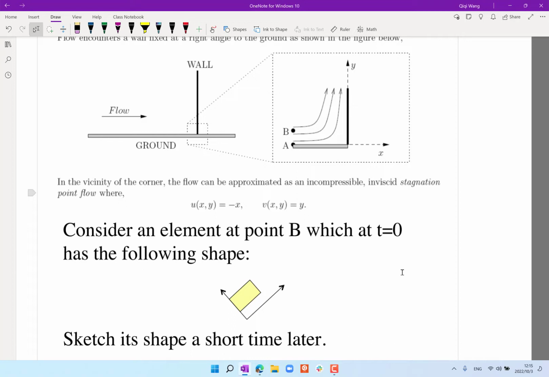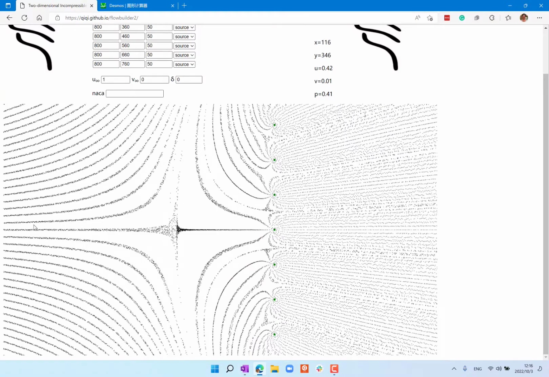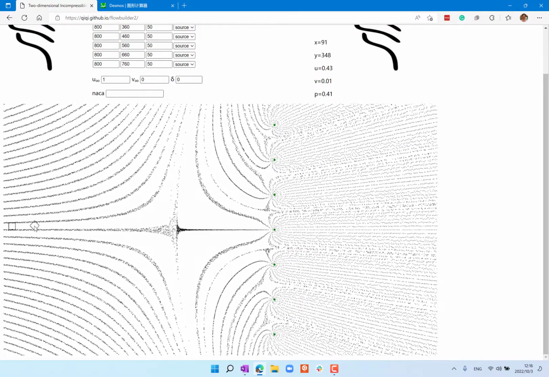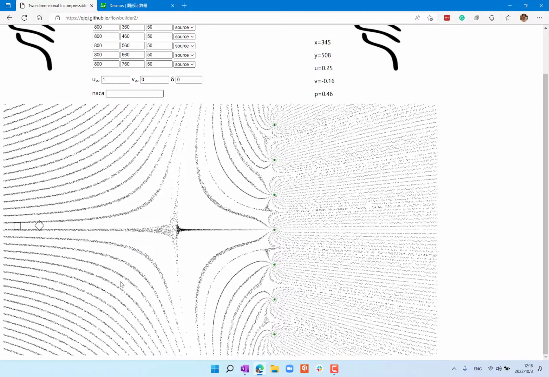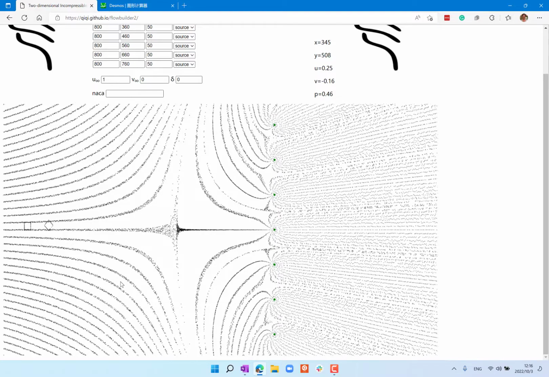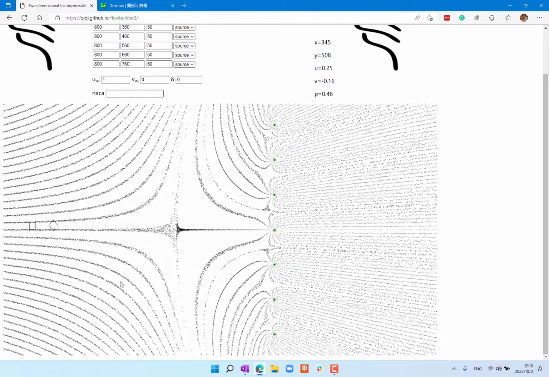Would it stay a rectangle? I think it would be a diamond. The corners are going to pull like that. Exactly. Let's also try it. So when you click on it, I don't know if I have luck or not, but I think it picks randomly. Okay. So this is a diamond, right? And we can see how this is going to deform.